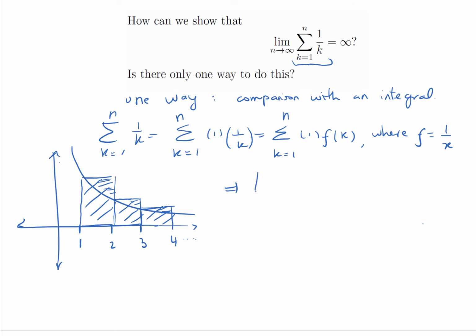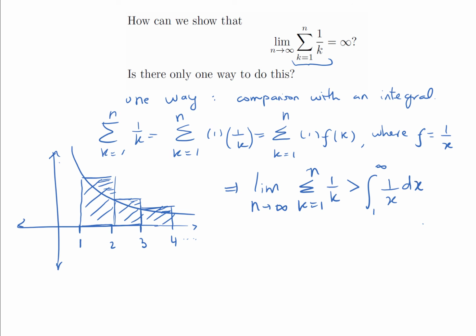So as we add more and more rectangles, we will have that the sum from k equals 1 to n of 1 over k will be greater than the integral from 1 to infinity of 1 over x. Because the area under the curve for x between 1 and infinity is given by that integral, and those rectangles are larger, going beyond what's under the curve.